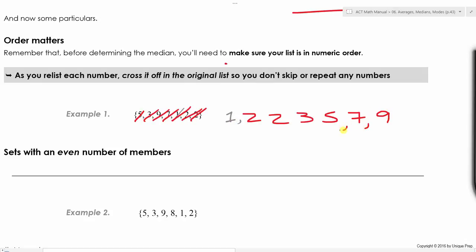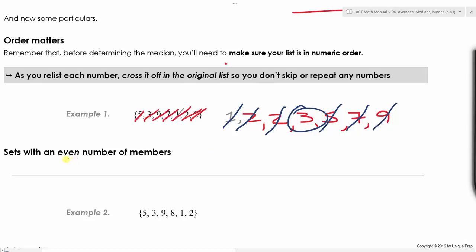I'm doing my cross offs in the opposite order, but that's okay. That way will make sure that you don't skip or repeat any numbers. And then, of course, to find the median, some students like to do the end-to-end cross-off method. So 1 and 1, another 1 and another 1, another 1 and another 1, and we are left with the number in the middle, which is 3. That would be our median.